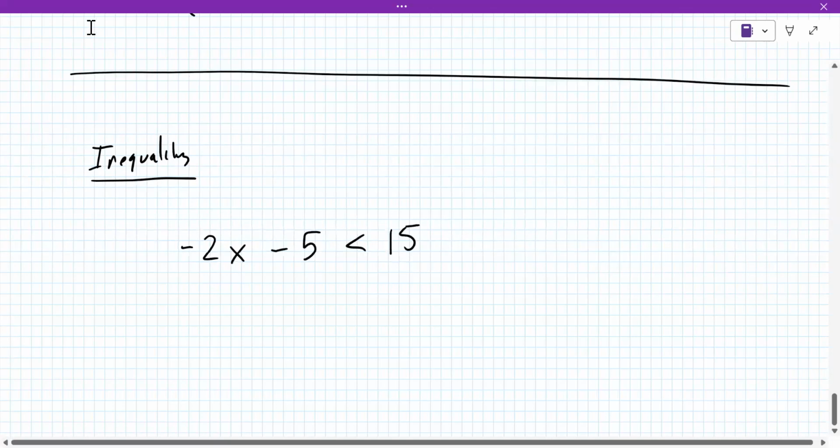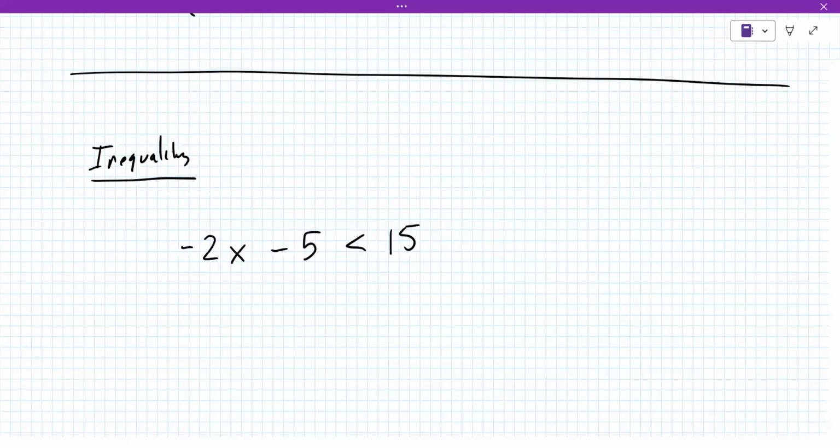When you're solving an inequality like this, remember that if you multiply or divide by a negative, you flip the inequality.